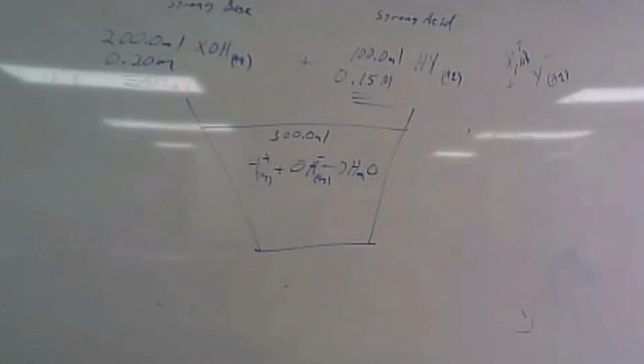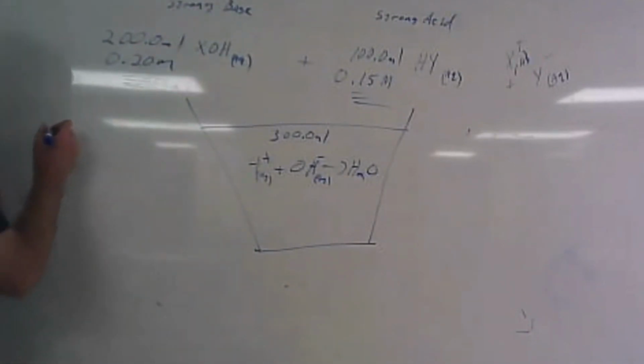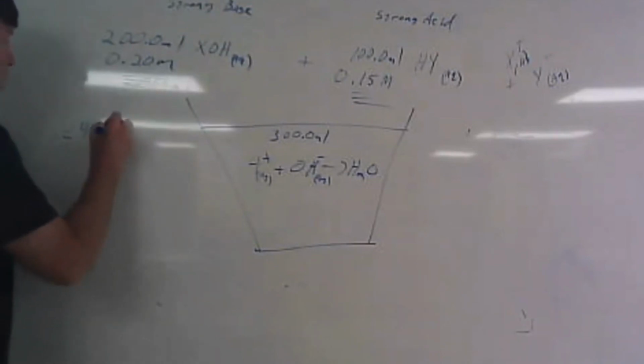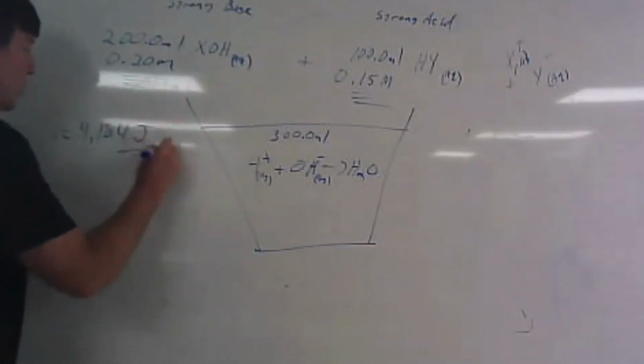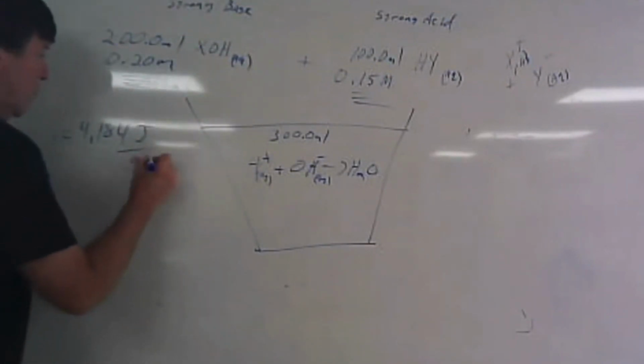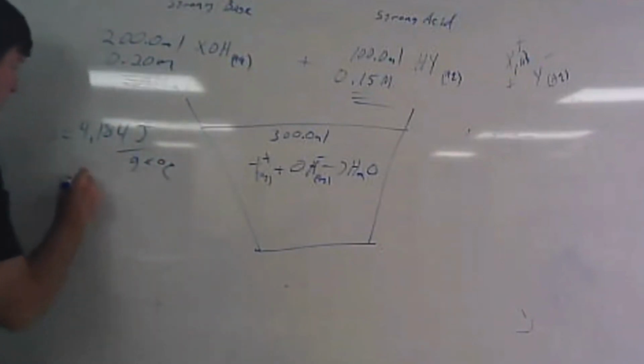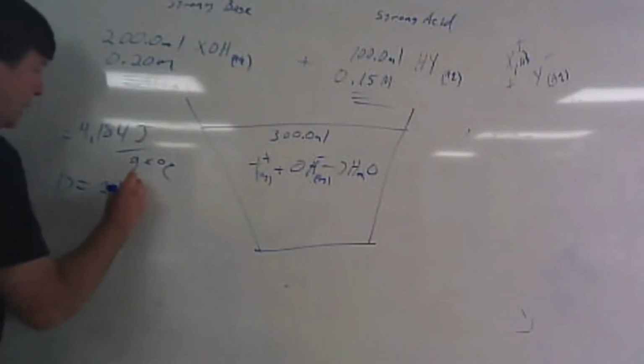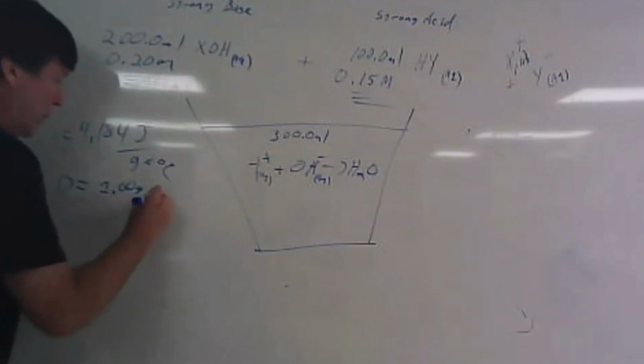Now, what I want you to do is, let's assume that the density of this solution is the same as pure water. And go ahead and write the specific heat of water, S. Put that off to the side. So here's specific heat of water, S equals 4.184 joules per gram times degree C. Density of the solution is 1.00 grams per mL.